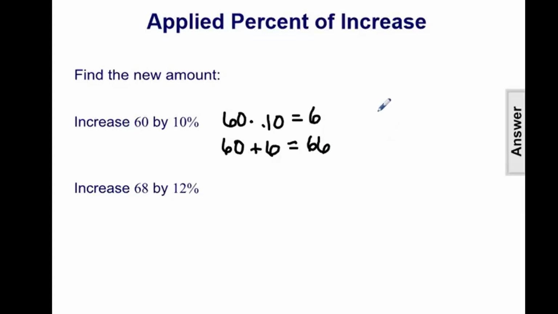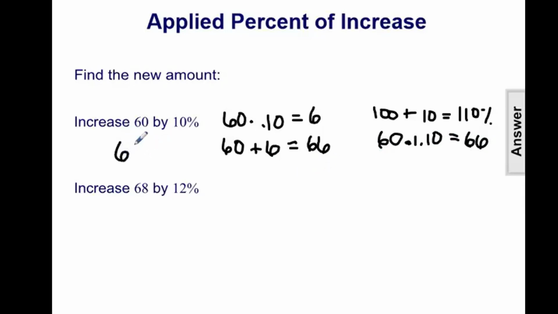Method 2 is we're going to actually add 10% to 100%. So we're really going to be looking at 110% of 60. If I multiply 60 by 1.10 for 110%, that's going to give me 66 as well. So the increase of 60 by 10% is going to be 66.